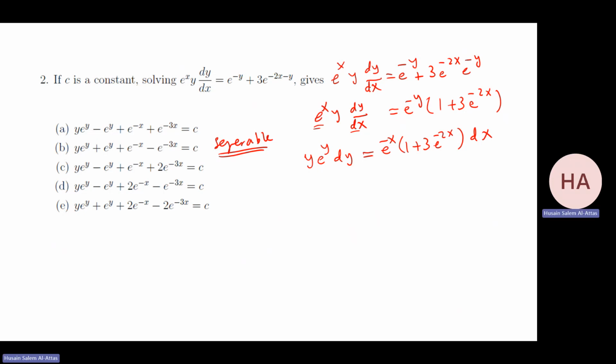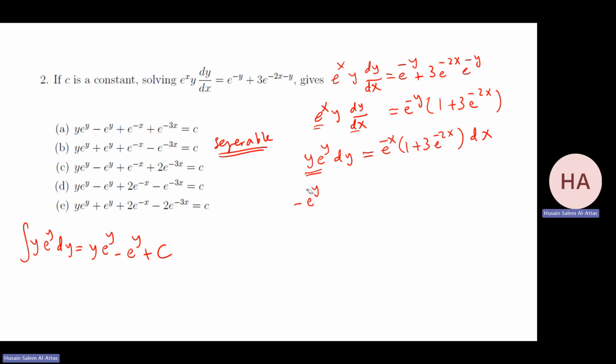Okay. Now I integrate. This one I need integration by parts. If we do integration by parts, you will get this. Do the integration by parts, you can check it. So I have y e to the power y minus e to the power y.